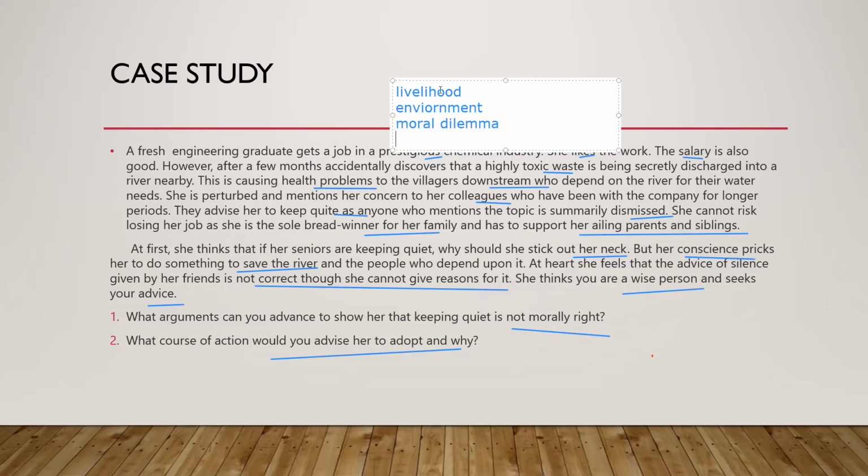Problem to society or social justice. Not social justice exactly, because the people who are living in the downstream would be facing all these things. So it would be the vulnerable section. Yes.